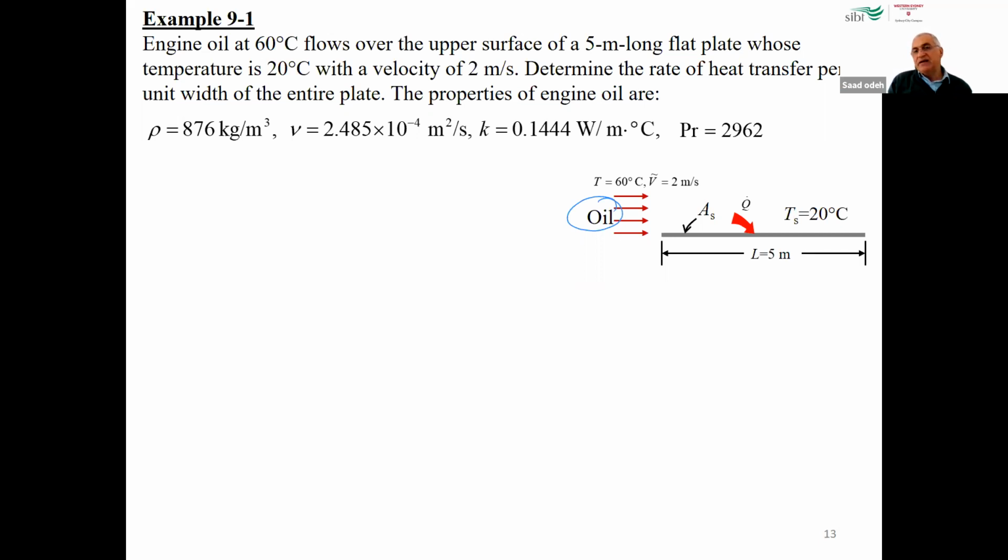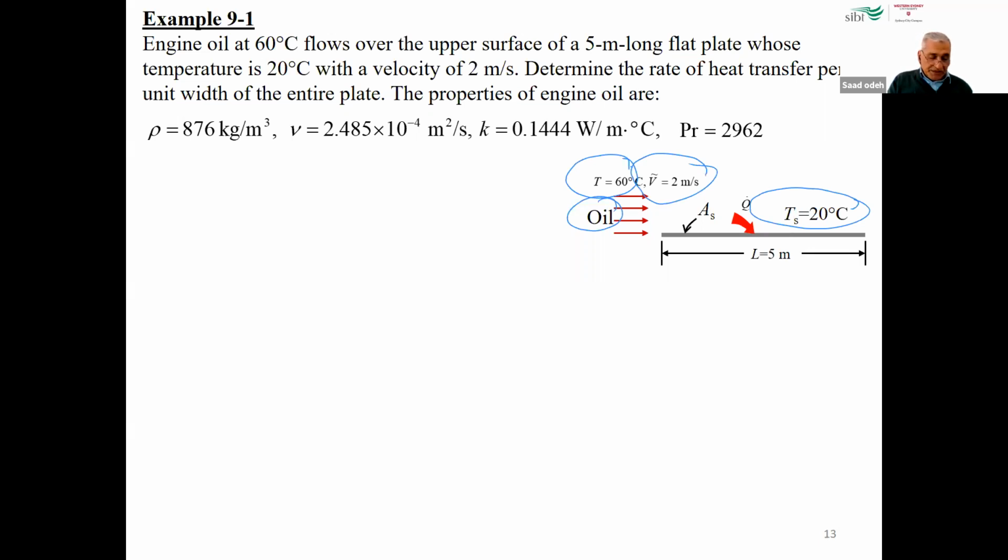Maybe we call it an oil heater. If you remember, there's some type of space heater using oil. So this is maybe an application. We have hot oil coming from this side and going over a plate. T surface is 20. We have the oil temperature given, and the speed of the oil also given, as you can see.